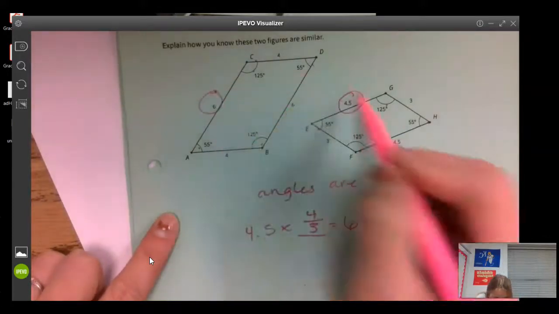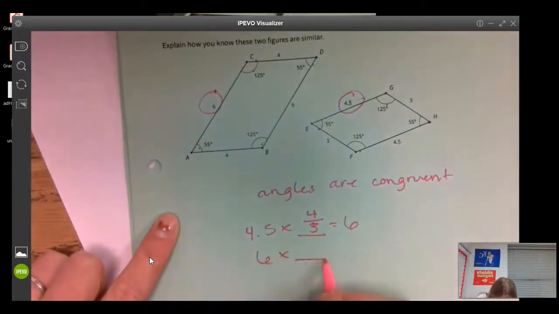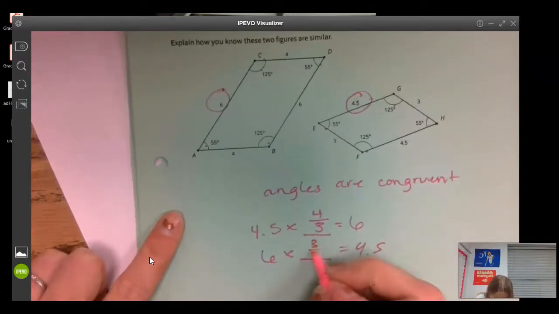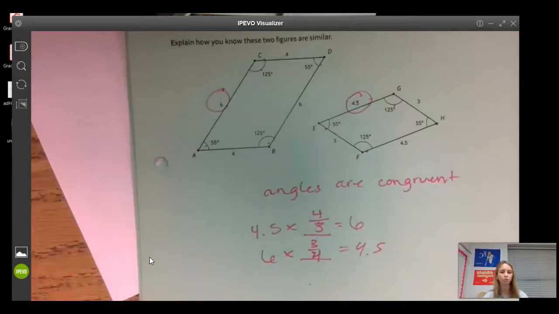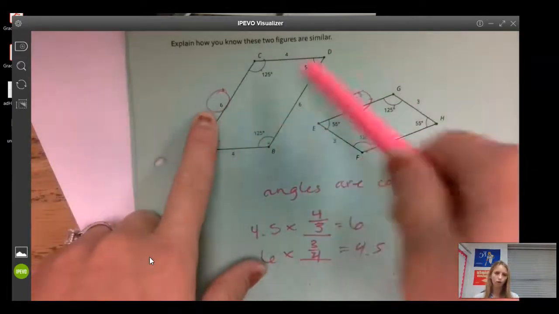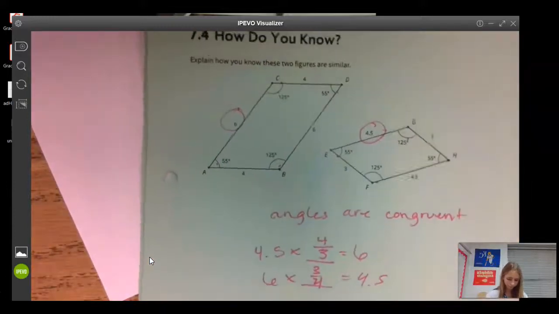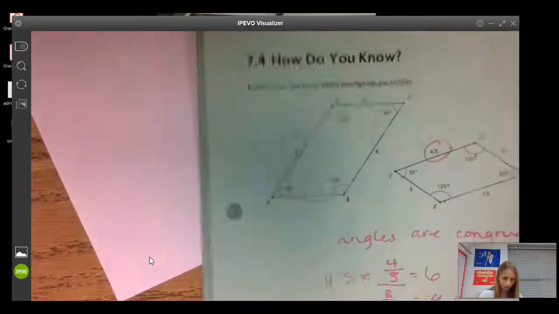Now if you went from 6 to 4.5, you then would have a scale factor of 3 over 4. So it just depends on which way you go, but you should be able to have 2 different side lengths and be able to find your scale factor there. Okay? Alright.